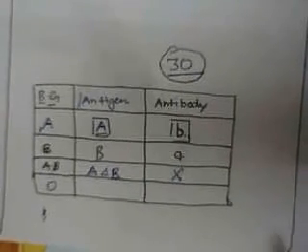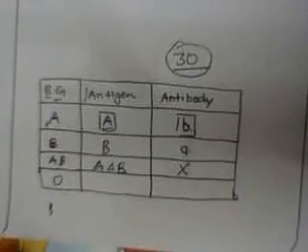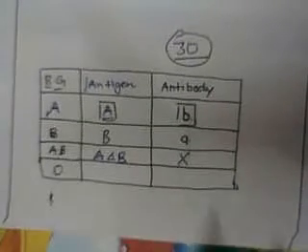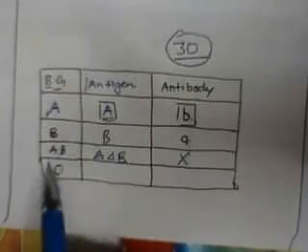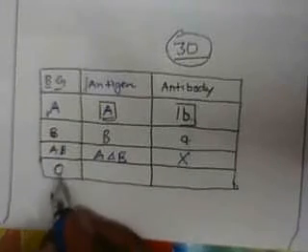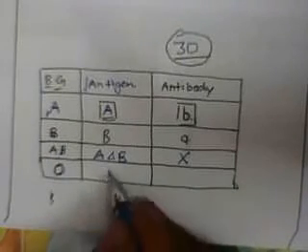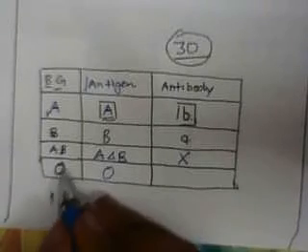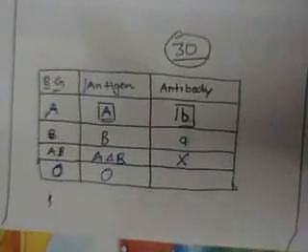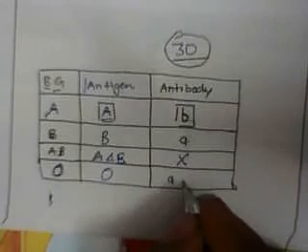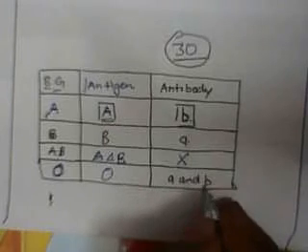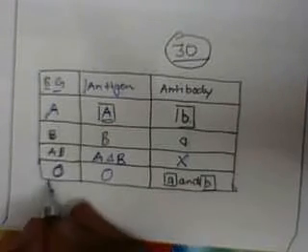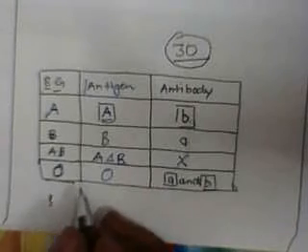Doesn't mean that you lose immunity or something, but you won't have any antibody in blood. What happens in O? Again, the blood group depends upon the antigen, and O is necessarily a 0 because there is no antigen in O blood group, but we have both A and B antibody present.